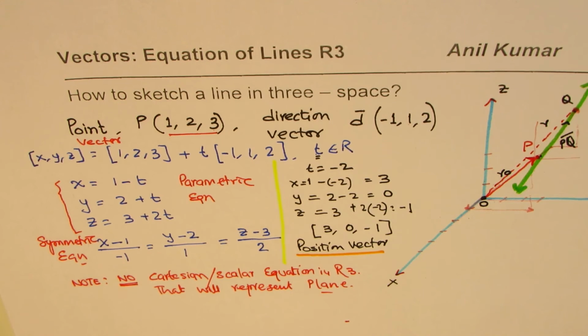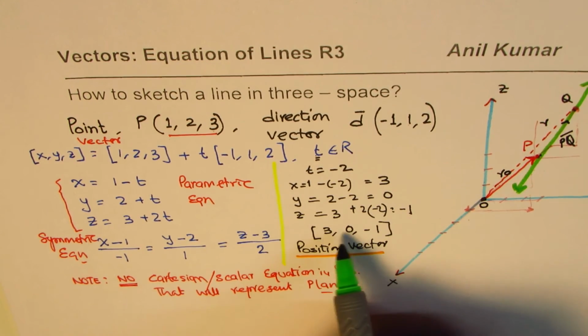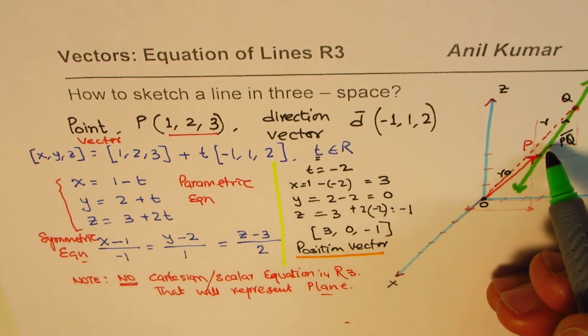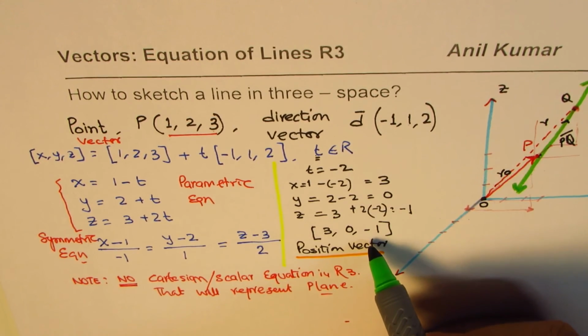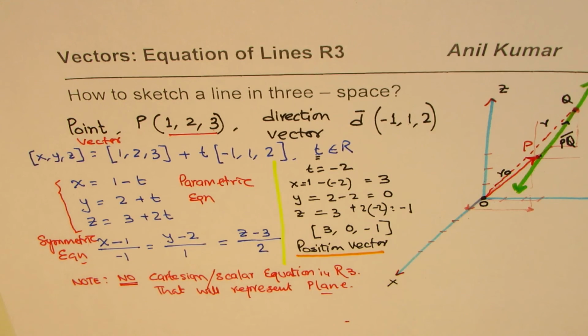So this is very important to understand. Okay, anyway, so what you will find is that if I extend this line, this point 3, 0, -1 will lie on this line with t equals -2, right? So sometimes we can do reverse calculation also, right?